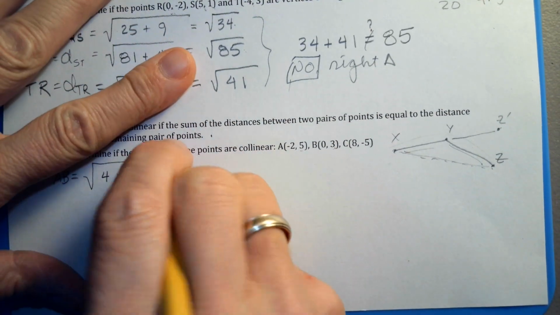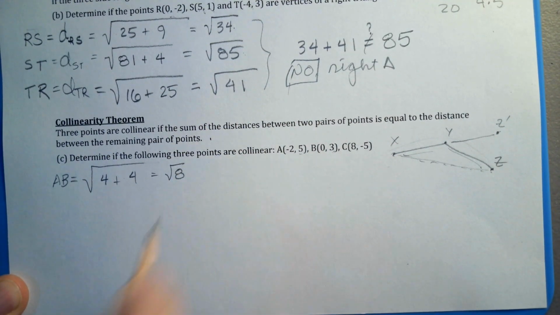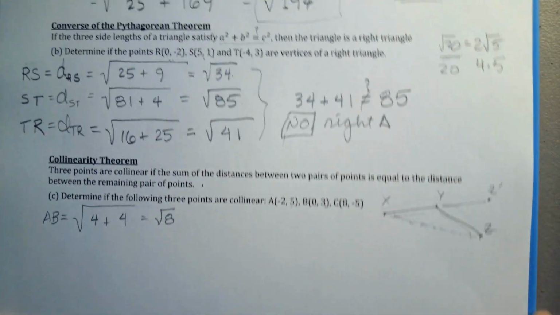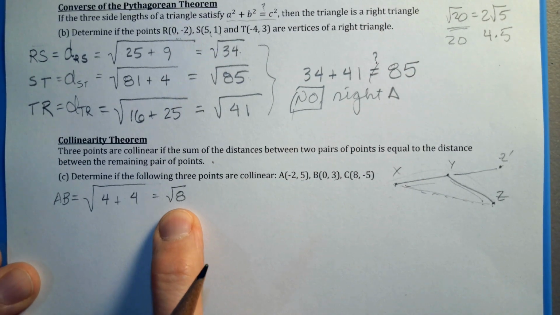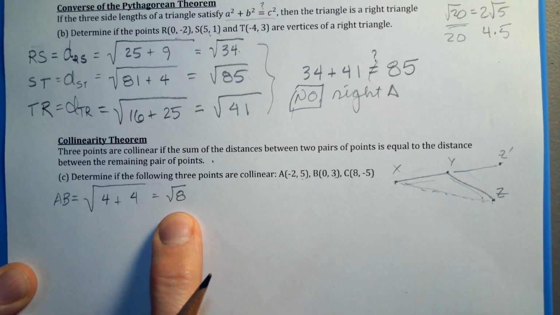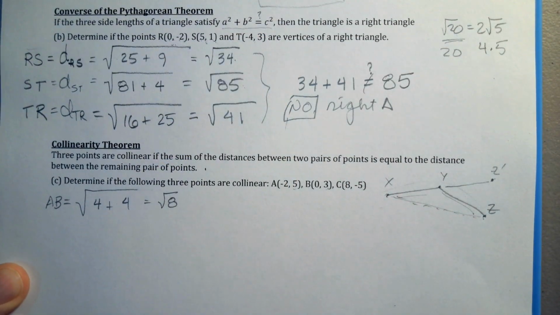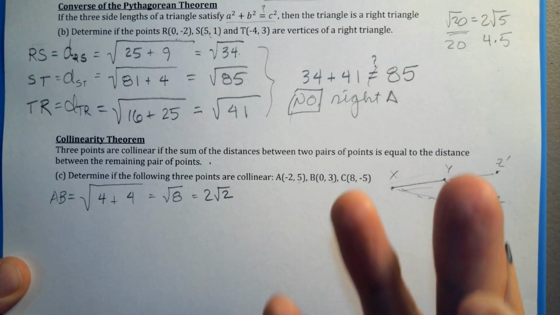And so this is equal to square root of 8. And we'll leave that for now. We're probably not going to use the Pythagorean theorem, so probably we'll want to simplify that, and we're not going to square these. We're not checking for a right triangle here. So probably 2 square roots of 2 would be better in this case.